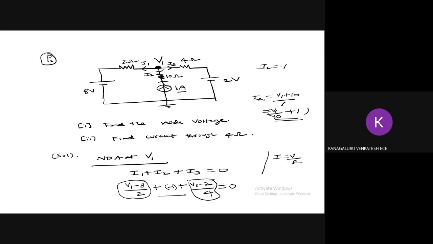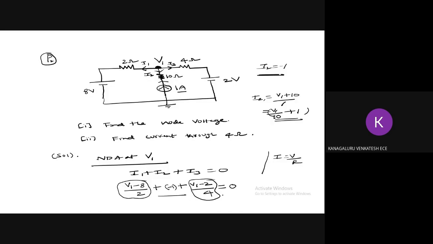What is the second branch current? Right away they gave it as 1 ampere. If the current is entering the node, you are supposed to take minus. If the current is leaving the node, you take plus. Since here current is entering the node, I'm writing it as -1. Because we are assuming all the currents are leaving, if I write I2 in terms of this current, it is -1.